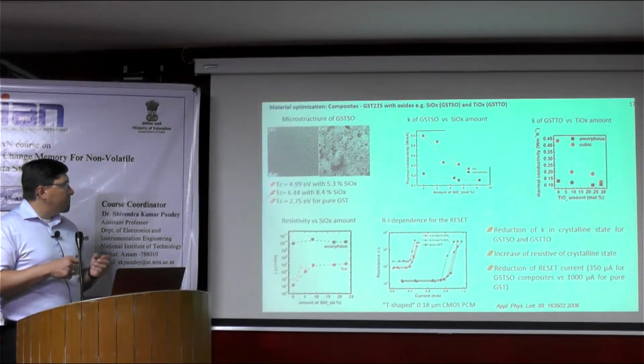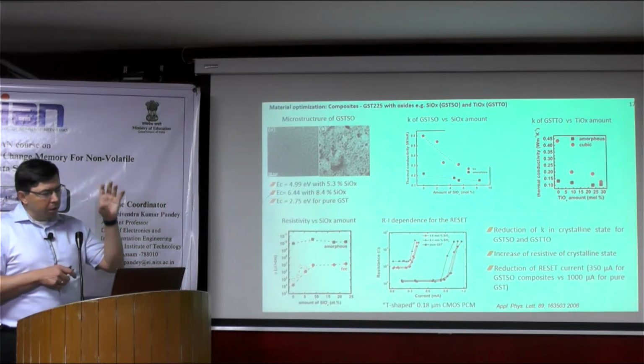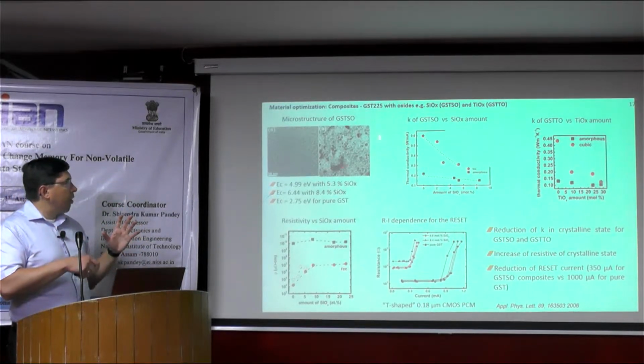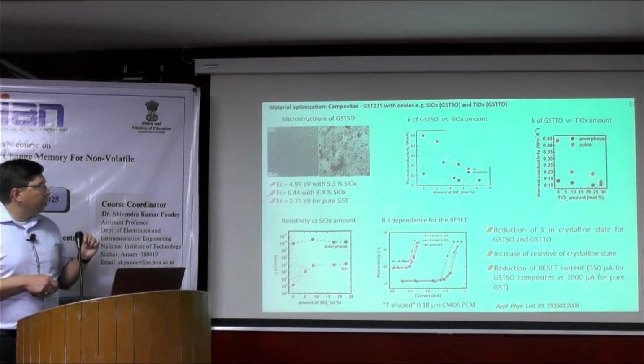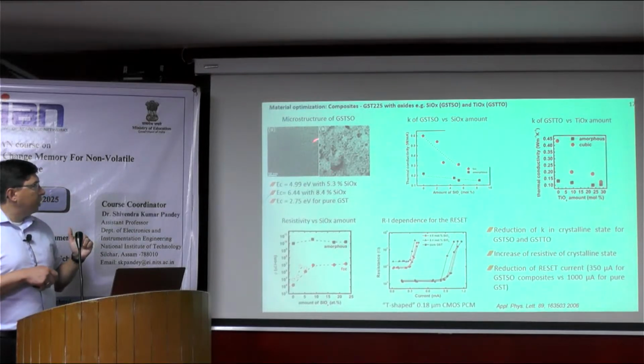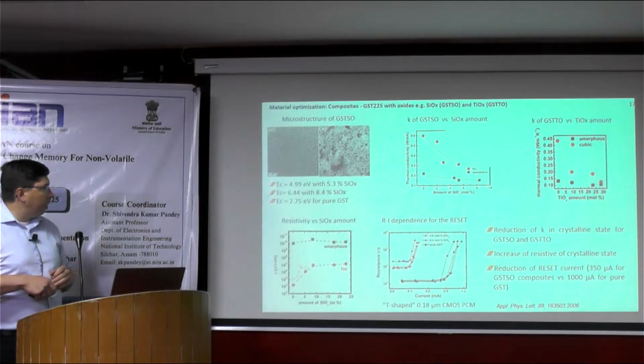The material forms GST grains which are dispersed in the SiOx or TiOx matrix. This brings about that the Ec increases a lot for this SiOx doping, up to 6.4 eV for high doping.